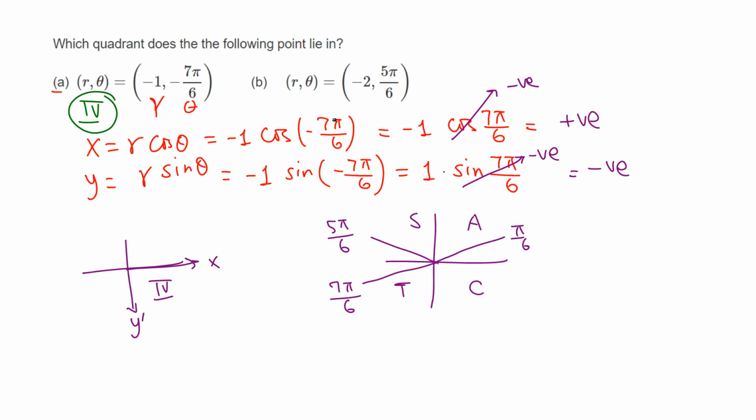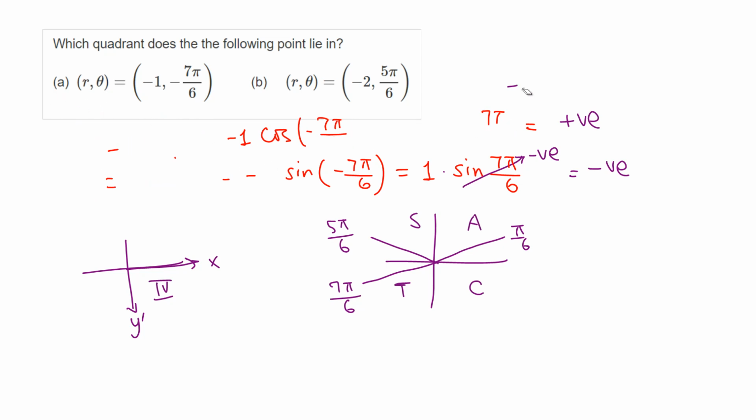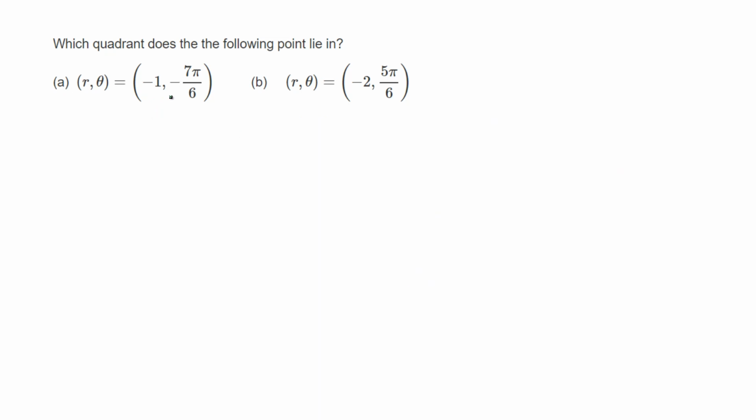Let me show you another way to do it. We will get the same answer. Let's plot this point. We have the polar axis. We ignore the negative for a moment.